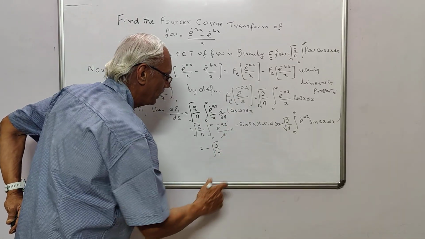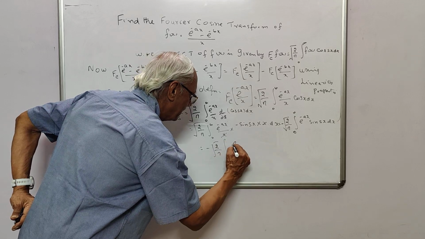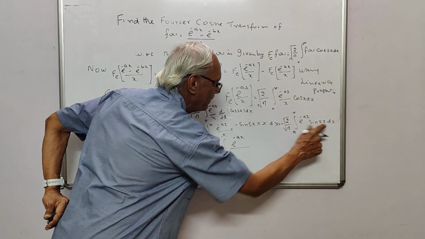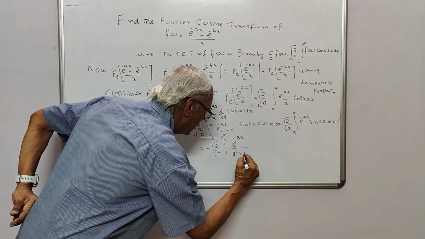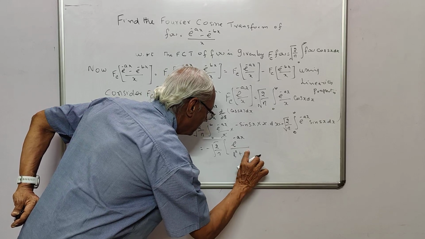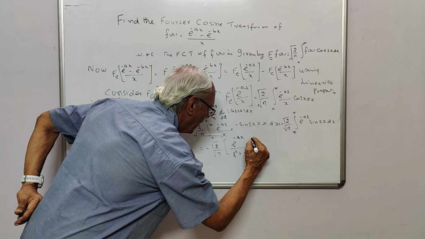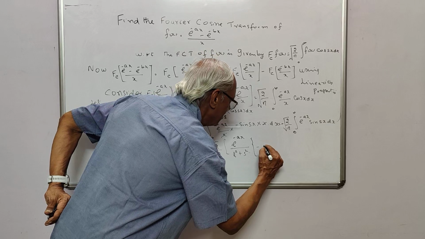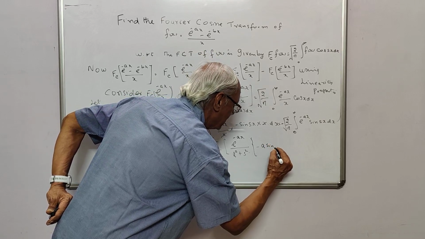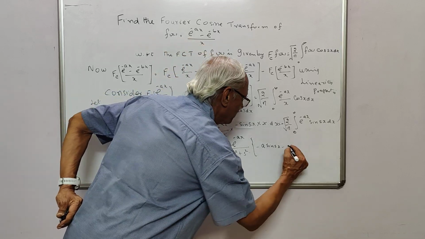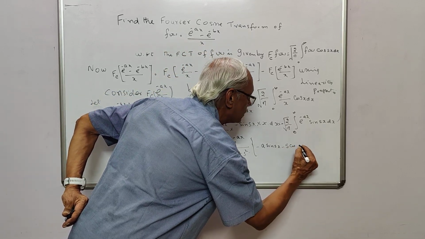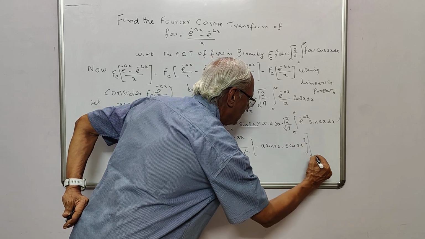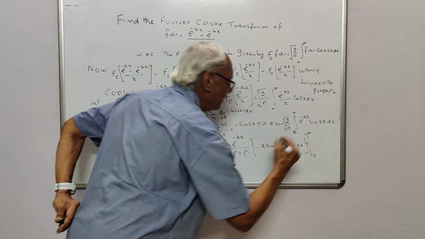So it is minus 2 by pi square root of this, and inside the bracket e to the power of minus ax divided by a squared plus s squared, and inside the bracket you have got minus a sin sx minus s cos sx, and this whole thing must be evaluated from 0 to infinity.